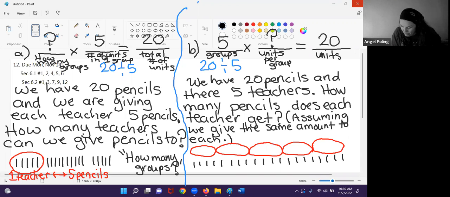It's like the same label, only it's going down. Except we don't know. So here they just have one group. And we don't know how many pencils that is.